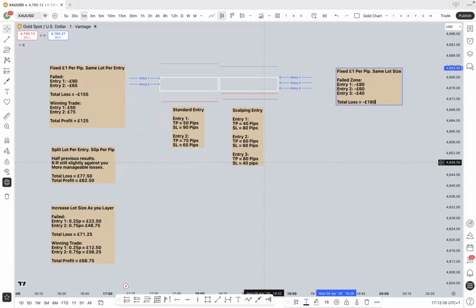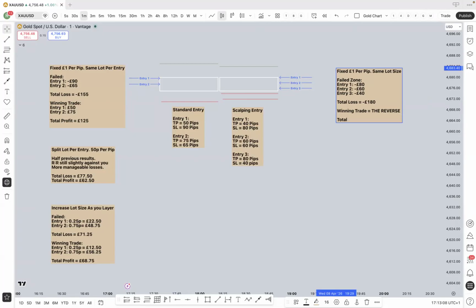Now, if you reverse this and a winning zone or a winning trade, it's just the reverse, because we have exactly the same amount of pips and exactly the same pounds per pip. Okay, so everything in this instance with the 3 entries, it just mirrors what we already done.